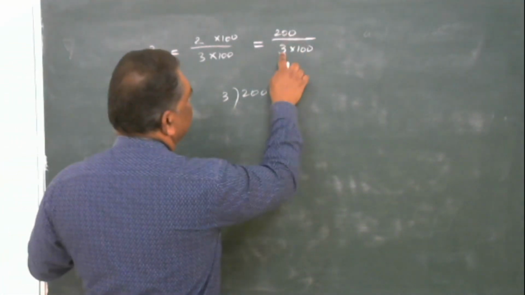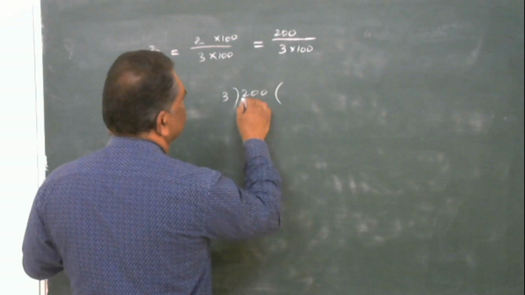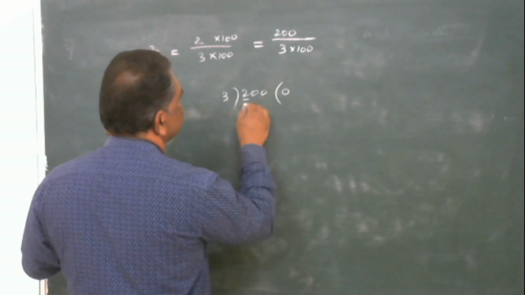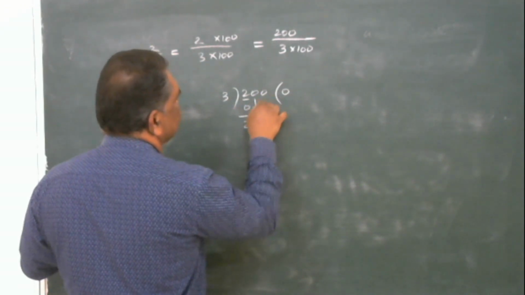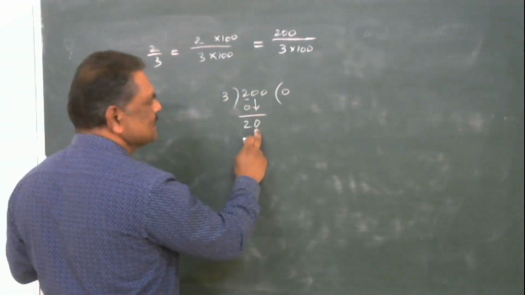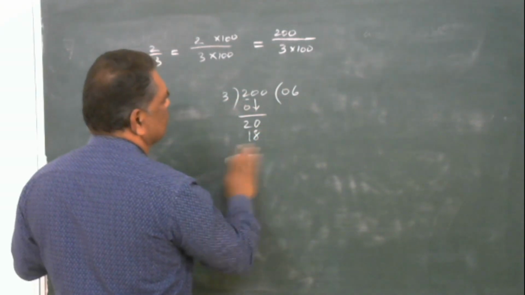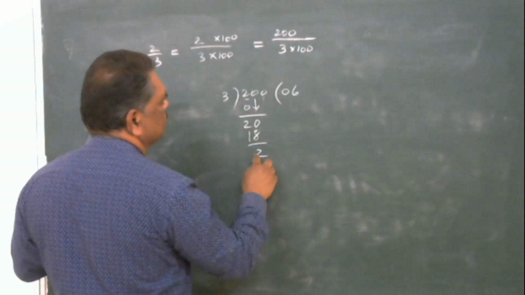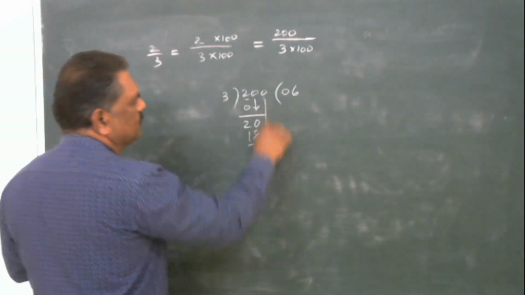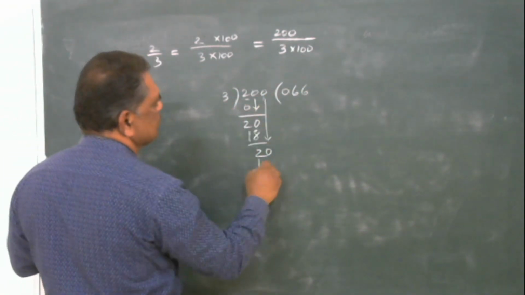So let me divide 200 by 3. How much does it come to? Let us see. First, 2 is not possible. 0 threes are 0. 2 remains. Bring down the next digit. 200 becomes 20 tenths. Each 6 threes are 18. Remainder is 2. 2 tenths becomes 20 hundredths. 6 units each. 3 sixes are 18.